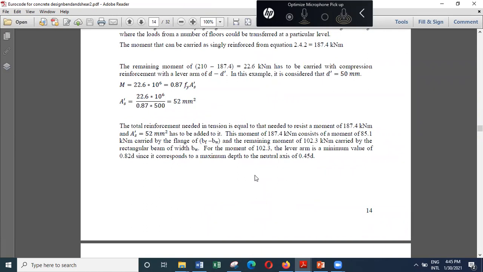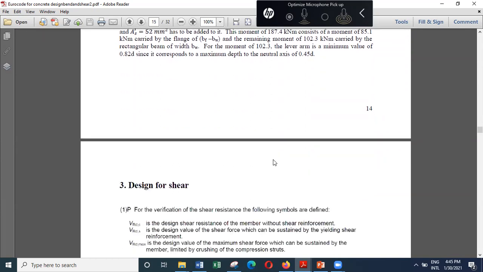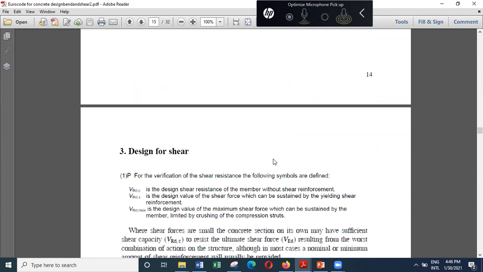And the method used in Eurocode is slightly different for shear, because it considers something called the variable strut inclination method. For shear designs, what we use is a method called the variable strut inclination method.